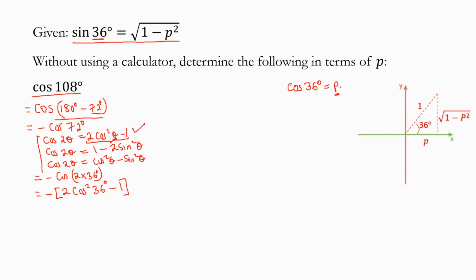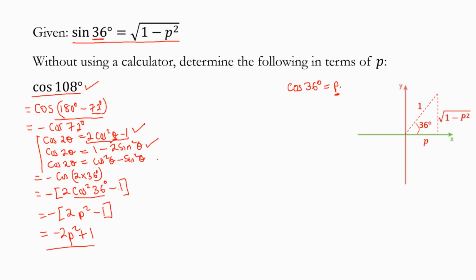Then cos 36 is equal to p, so we replace this with p. It's going to be negative 2 times p squared minus 1. Then we remove the bracket, and it becomes negative 2p squared plus 1. So we have found cos 108 degrees in terms of p.